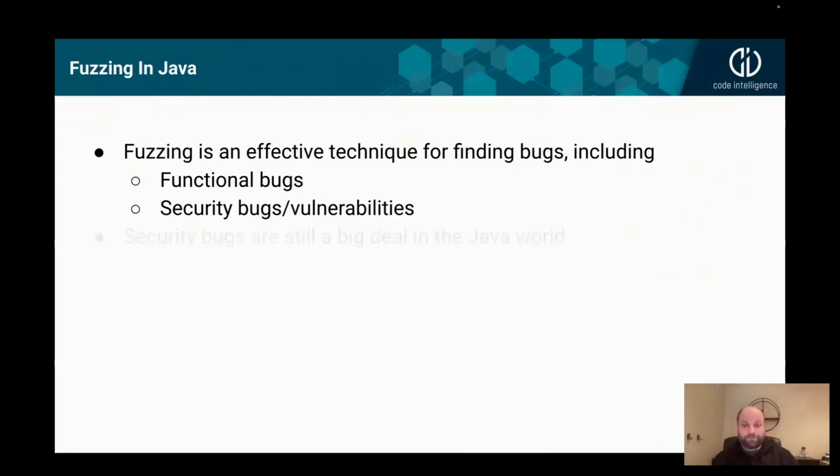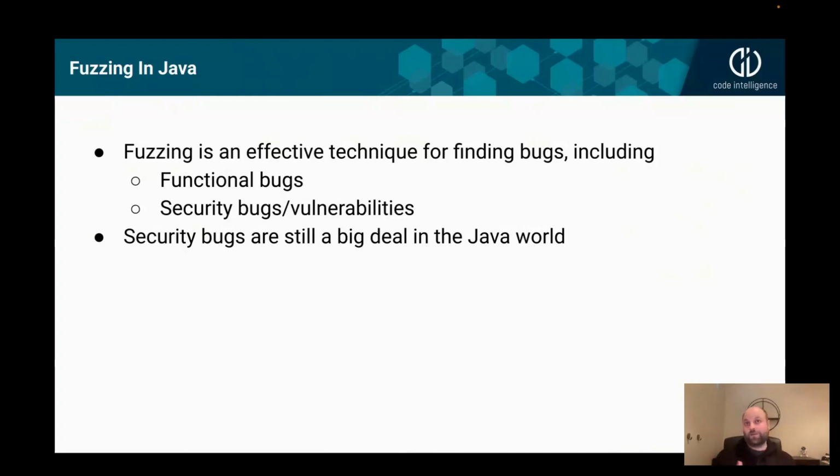And even though Java is more safe, memory safe, than C and C++, security bugs are still a big deal in the Java world, even if you're not thinking of embedded or system software. You're thinking of web development, web backends, data processing, ETL loops, those sorts of things. Security vulnerabilities and bugs are still a big issue.